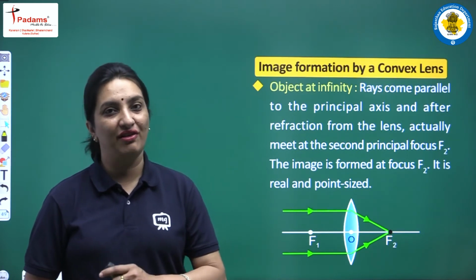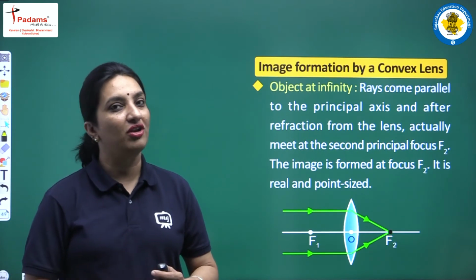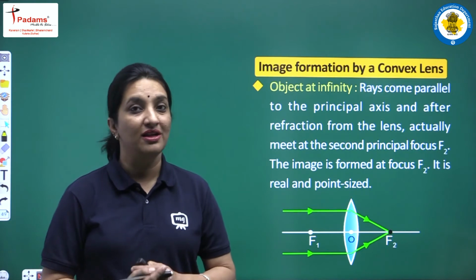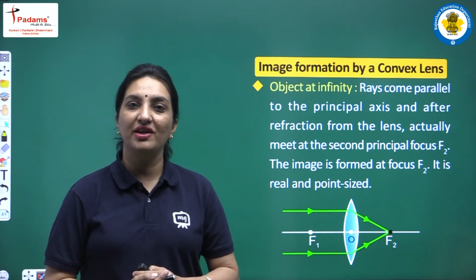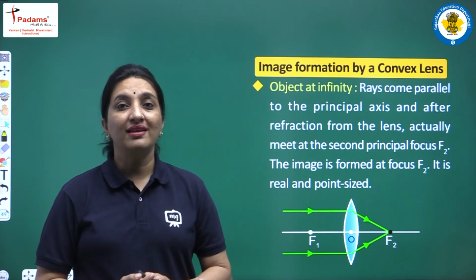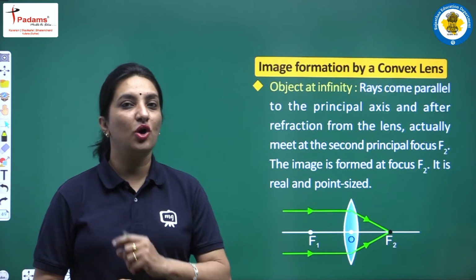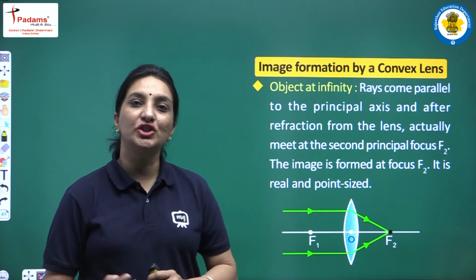Let's recall and revise the behavior of the rays of light falling on a concave lens or a convex lens. To begin with, we will see the behavior for convex lenses. What we saw was that the first type of ray, that is any ray which passes through the optical center, will go straight.